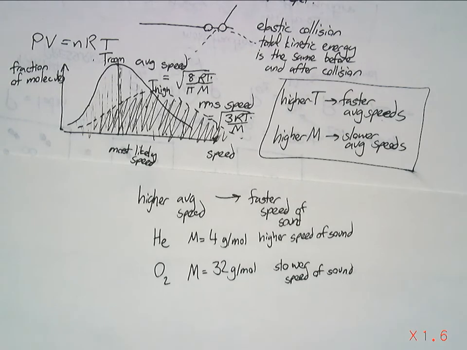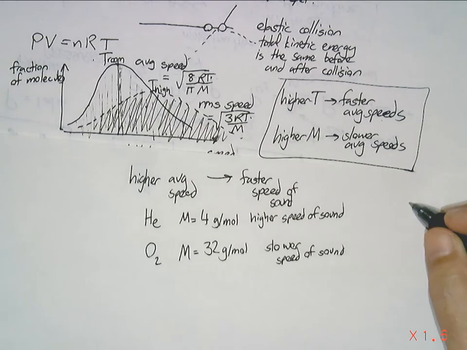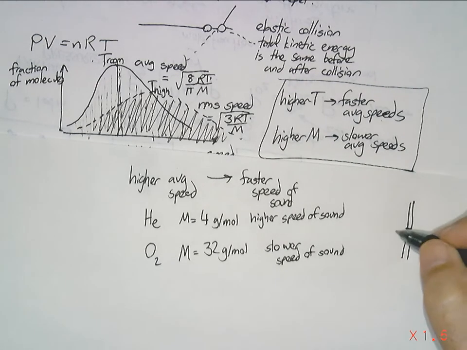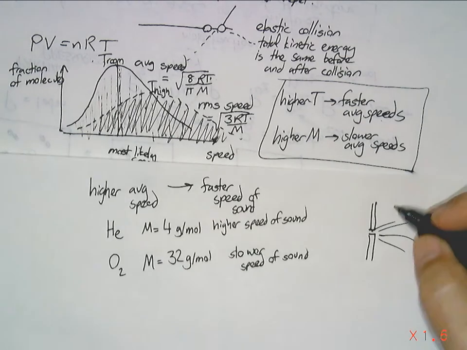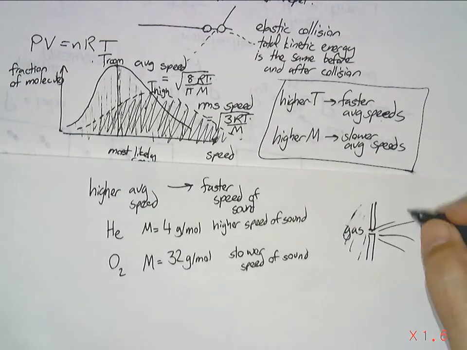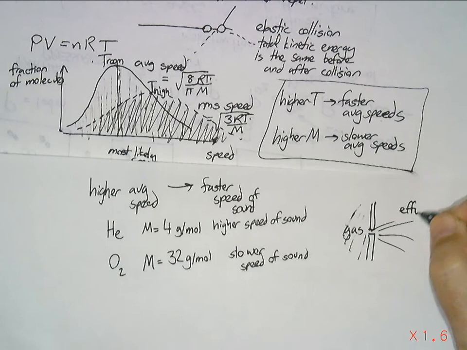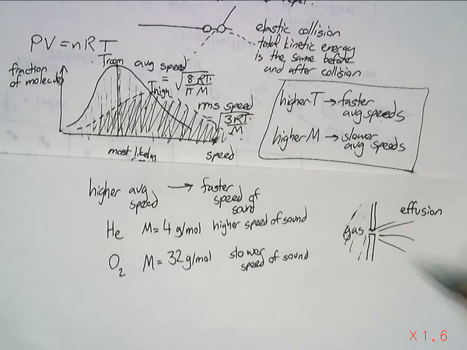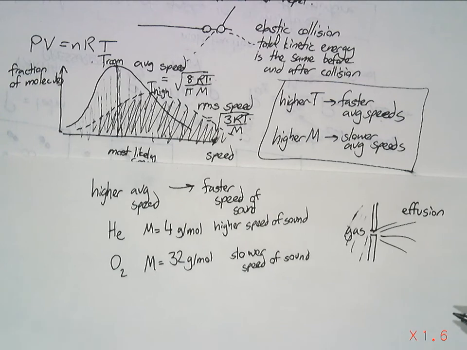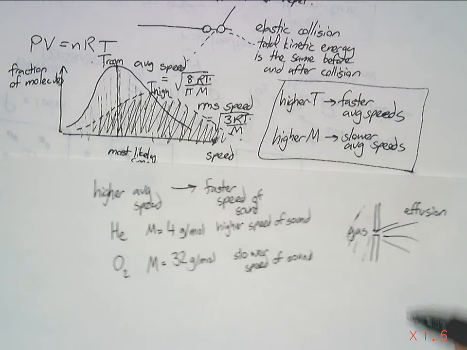What else can you explain? Suppose I've got a little pinhole here, and I've got gas coming out. This situation where you've got a gas in here escaping through a little pinhole is called effusion. If my gas was a mixture of helium and oxygen, what would effuse faster? Okay, well, it'll depend on the speed of the molecules.